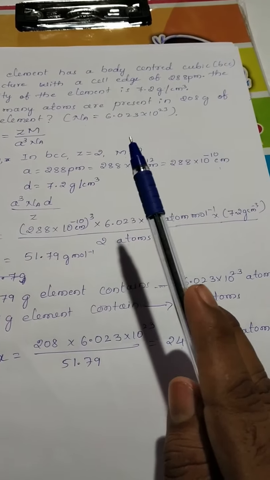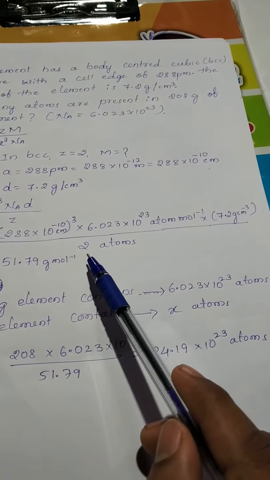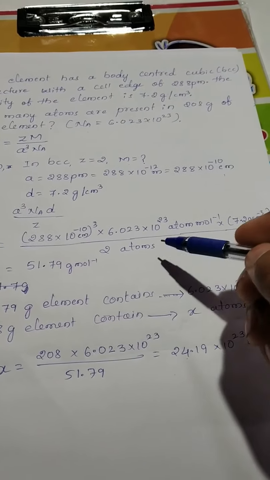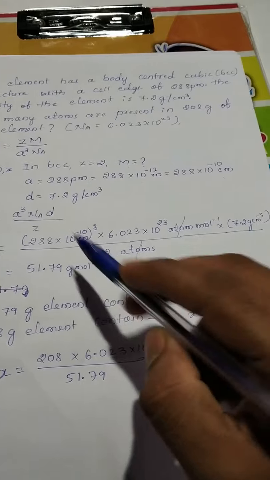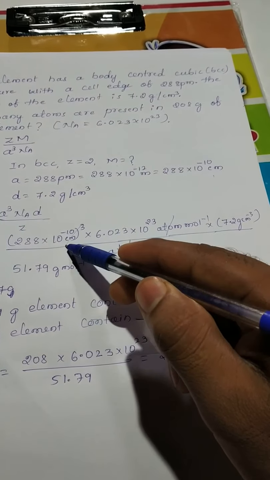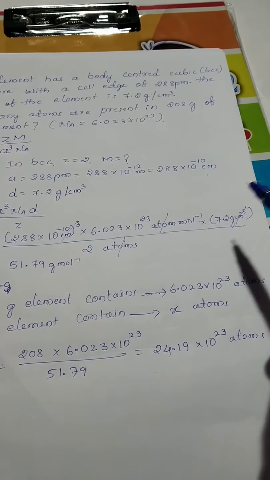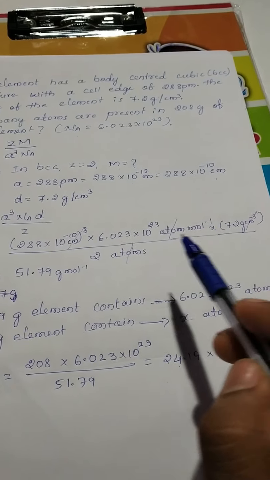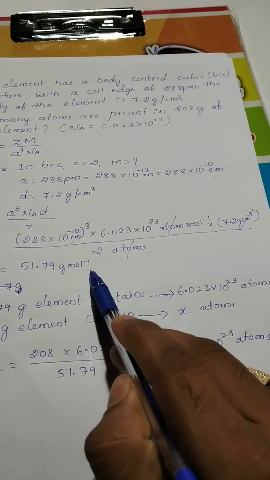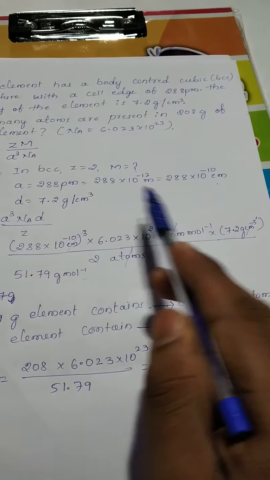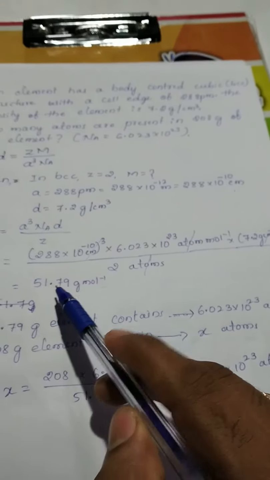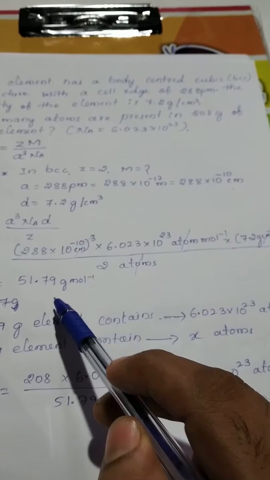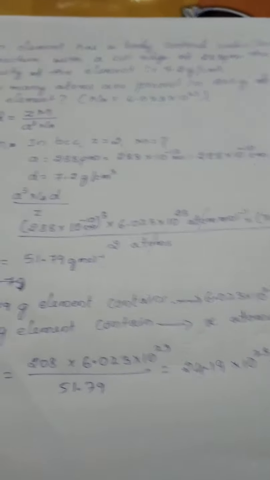The Z, since it is a body centered cubic unit cell, is 2 atoms. Here atoms cancel each other, and centimeter cube per centimeter cube cancel each other. Remaining is gram per mole, that is the unit, and on solving this you will get 51.79. So the molar mass equals 51.79 gram per mole.